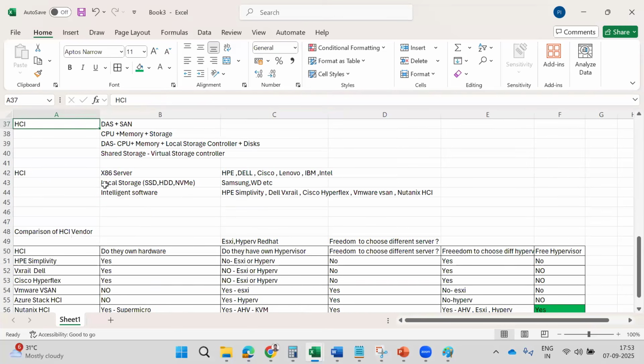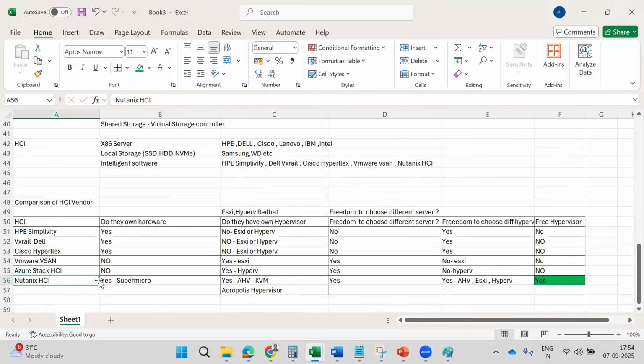HCI brings x86 server and local storage, and there is an intelligent software. I can get this software from any vendor. If I buy it from HPE, my HCI solution is HPE SimpliVity. If I buy it from Dell, VxRail is my HCI solution. If I buy it from Nutanix, then Nutanix HCI is my HCI solution.